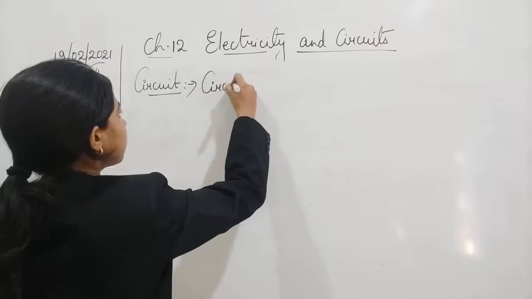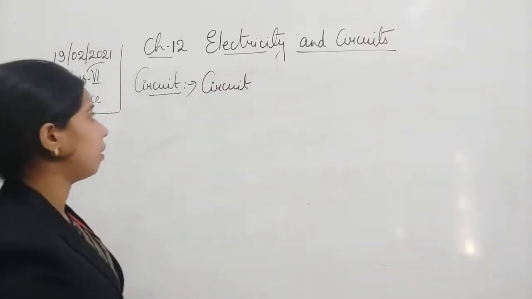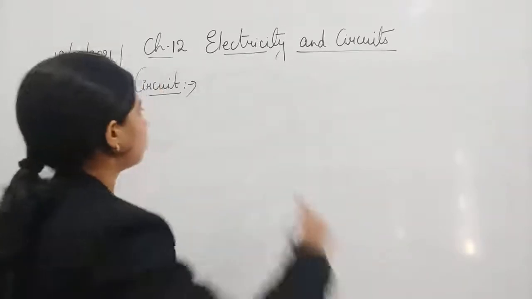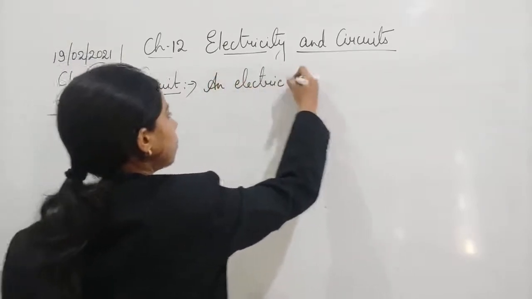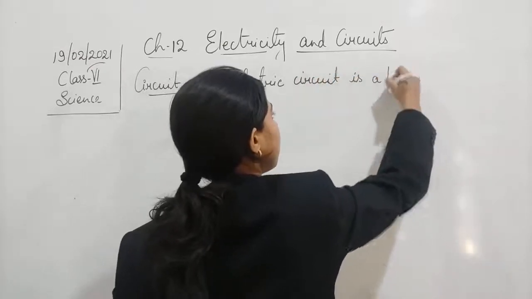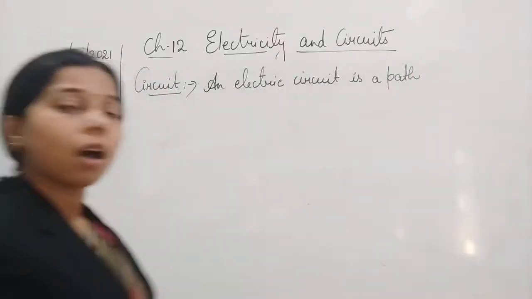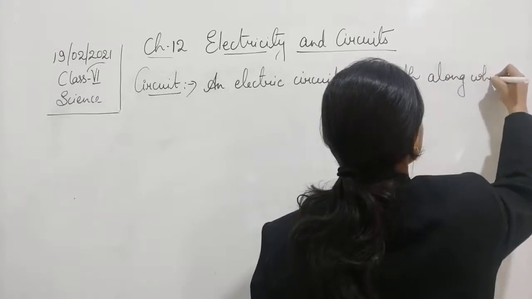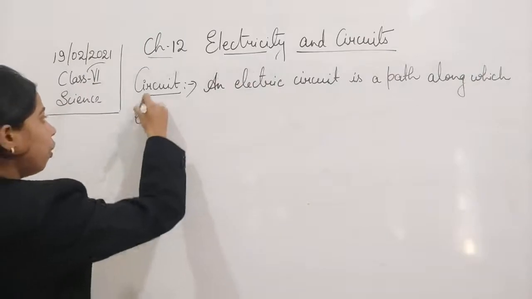Circuit: an electric circuit is a path along which electricity can flow.